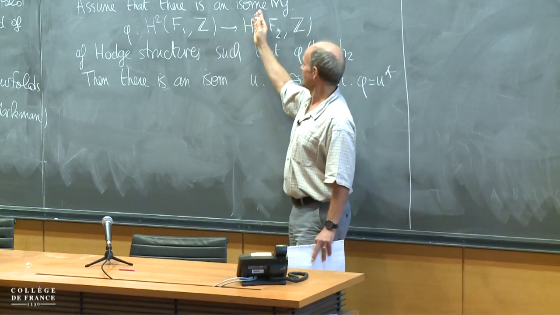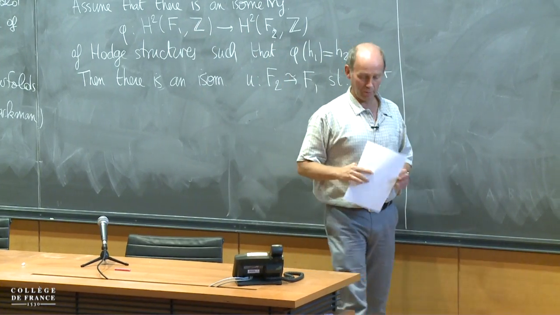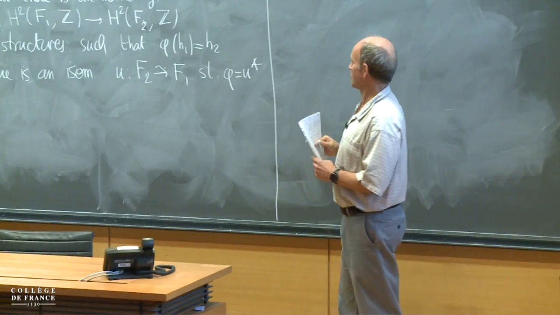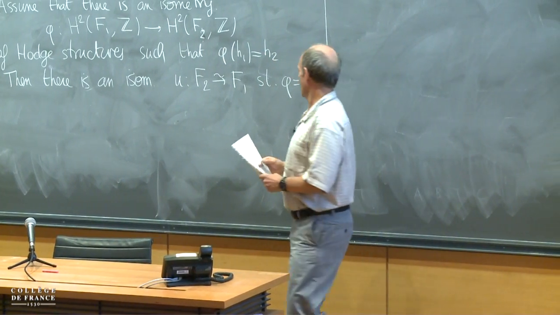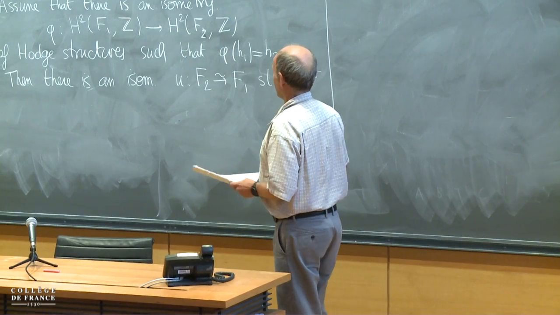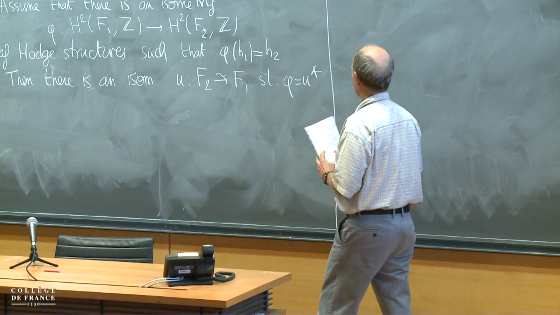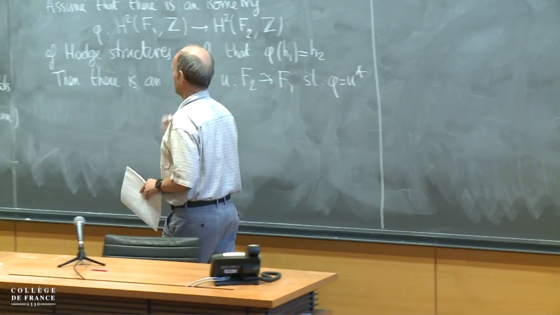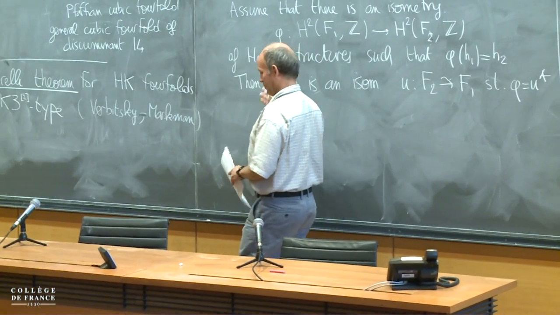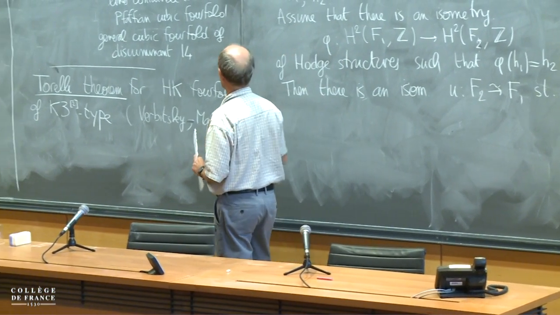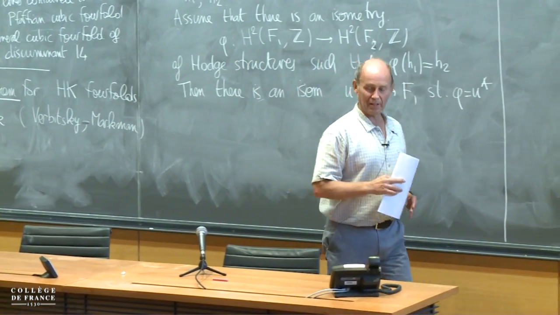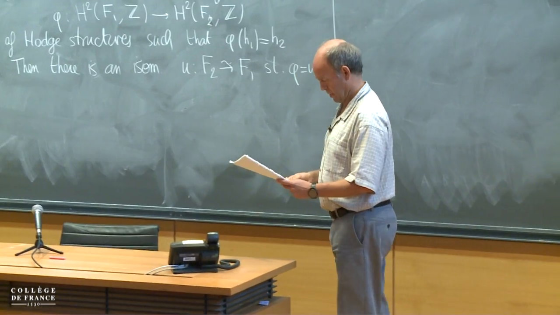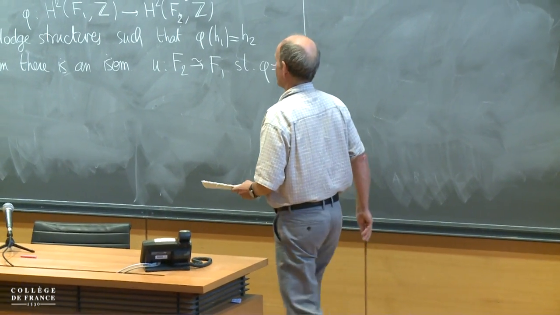It's also an isometry for the Beauville-Bogomolov-Fujiki forms on these lattices. Okay, so this is the best Torelli theorem that you can hope for. You have to be a little bit careful with this kind of statement for Hyperkähler manifolds, but in this case, this is the only one that we'll need. It is true. So this is one tool.